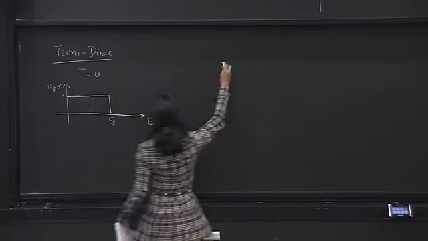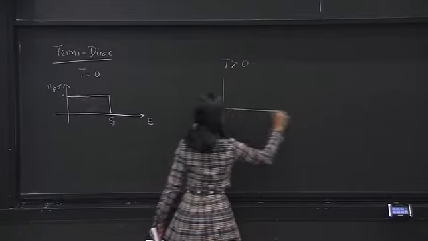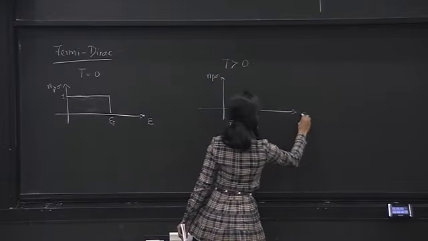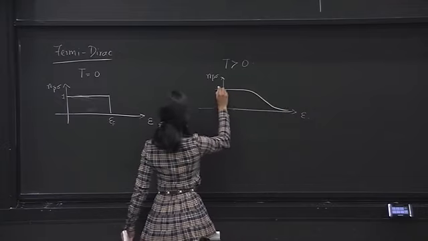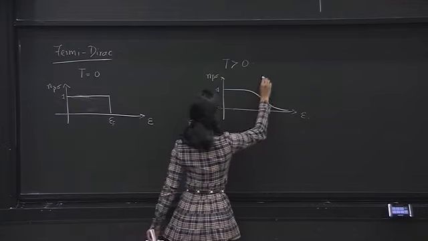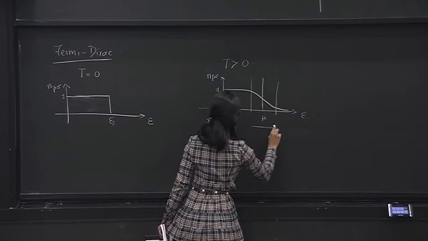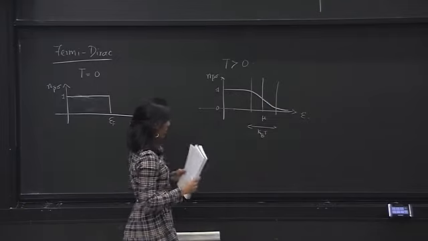And now at non-zero temperature, the same picture is given by the Fermi-Dirac distribution. It looks like this. This is 1, this is 0. And this scale is k_B T.